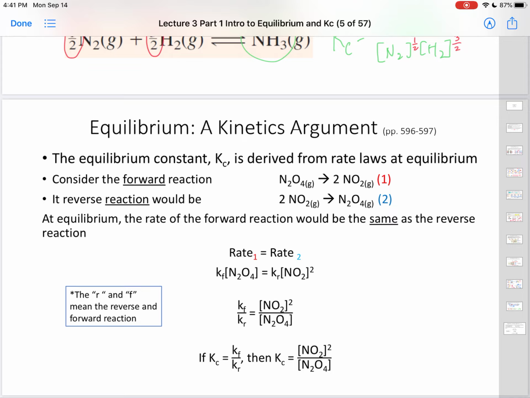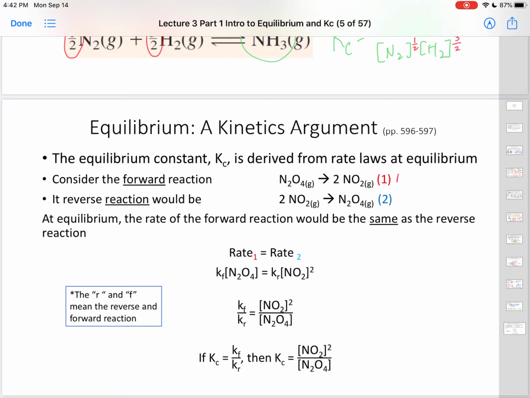If you consider the reaction N2O4 becoming 2 NO2s, that's the forward reaction. The reverse reaction would be 2 NO2 forming N2O4. Okay? So at equilibrium, the rate of the forward reaction would be the same as the reverse reaction. That's the definition of equilibrium. So we would say rate 1, the forward reaction, equals rate 2, the reverse reaction.